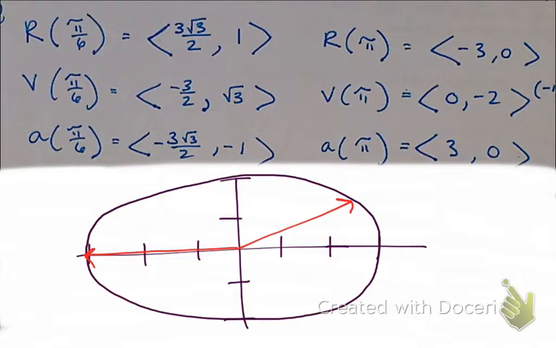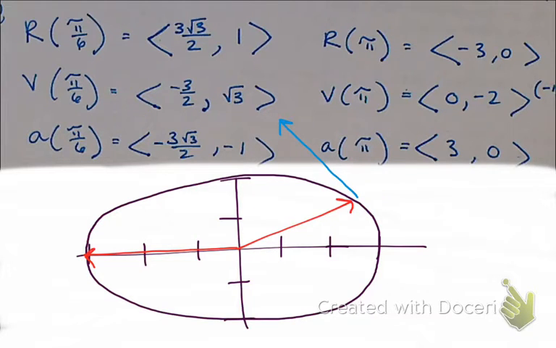So negative 3 over 2 is negative 1/2, which puts me about here, and then up root 3 puts me about there. Again, it's not perfect, but you get the point. It should be tangent at that point.